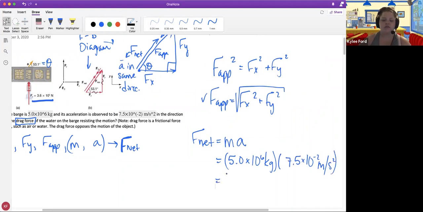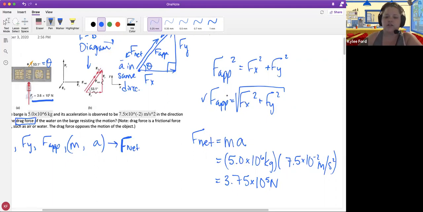So use a calculator and we get 3.75 times 10 to the 5th newtons. Okay, so now I have my net force.